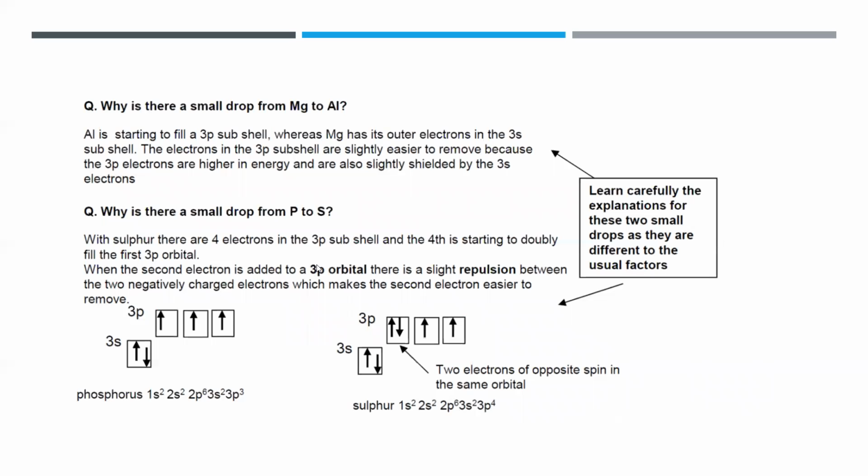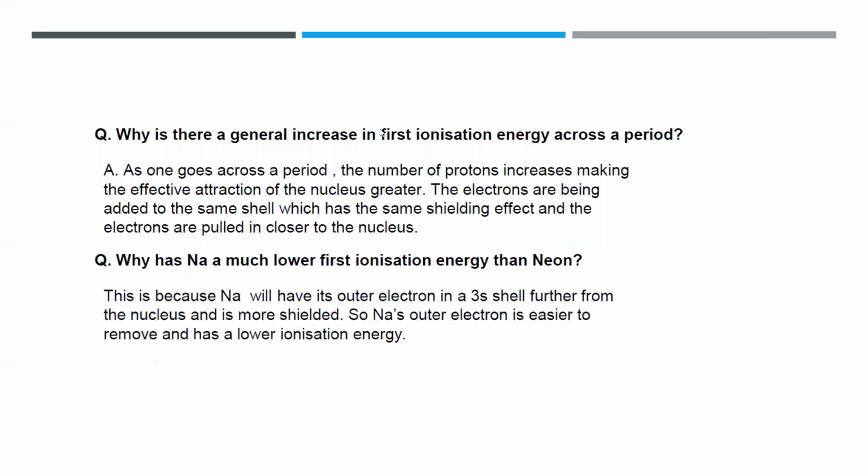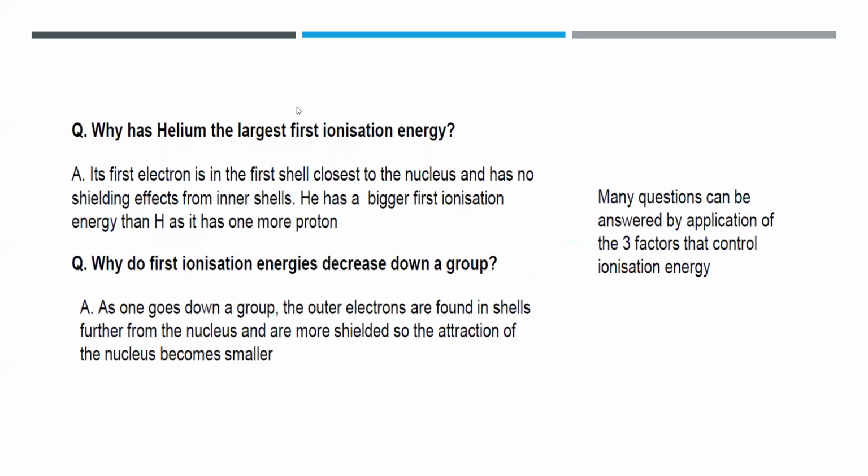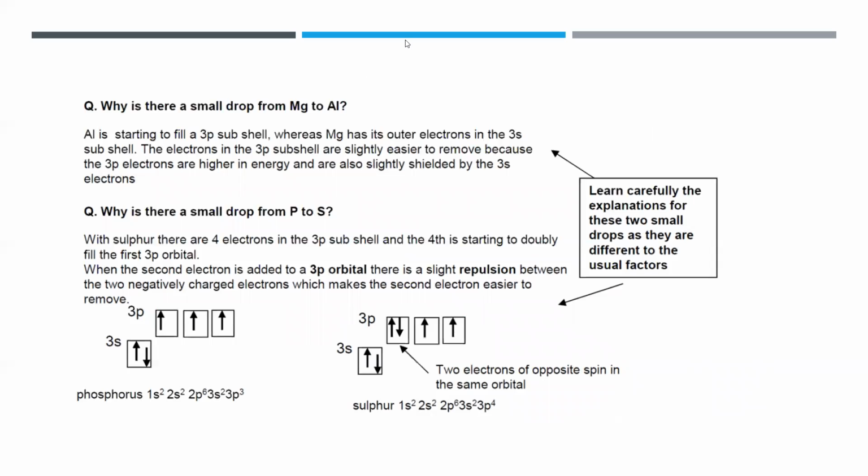So why is there a small drop from magnesium to aluminum? What's the reason for this small gap here? When we write the electronic configuration for magnesium, which is 12, it's 1s2, 2s2, 2p6, 3s2.